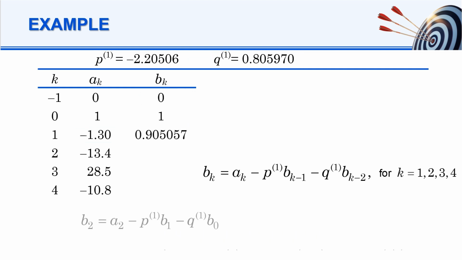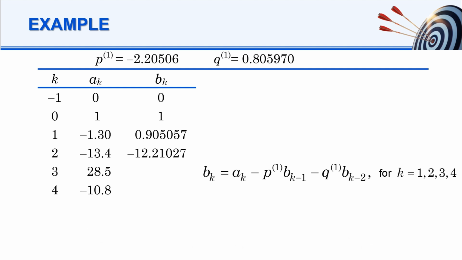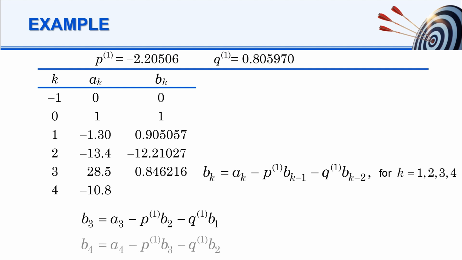Substituting a2, b1, b0, as well as p1 and q1, gives minus 12.21027. b3 and b4 are calculated in the same manner, which yields 0.846216 for b3 and 0.907065 for b4.